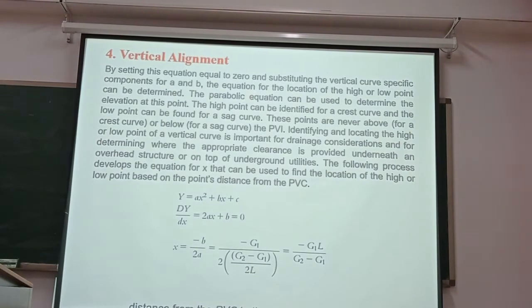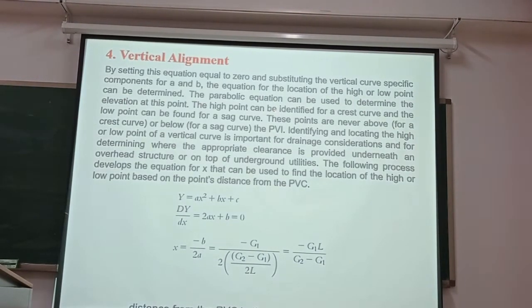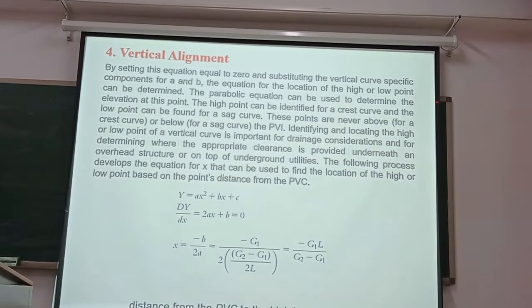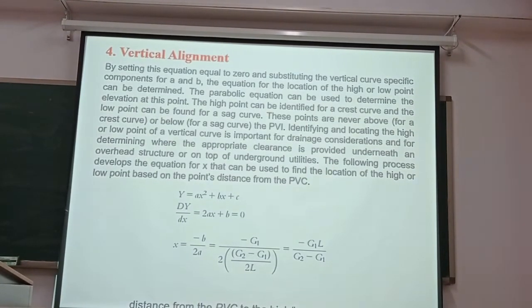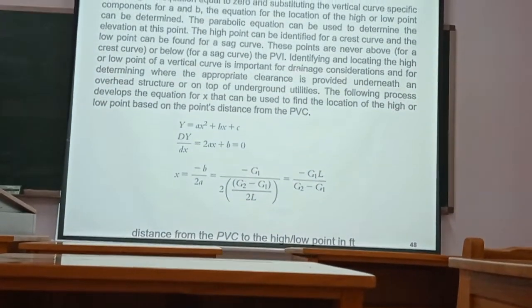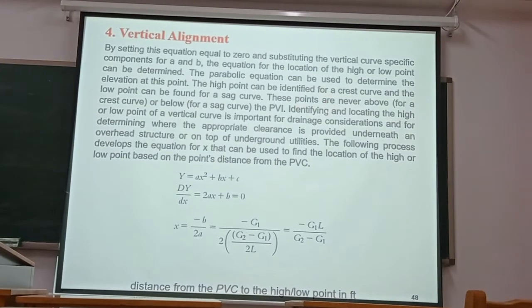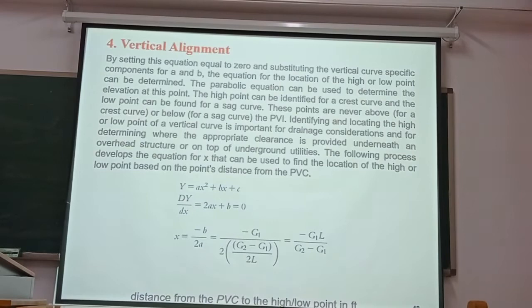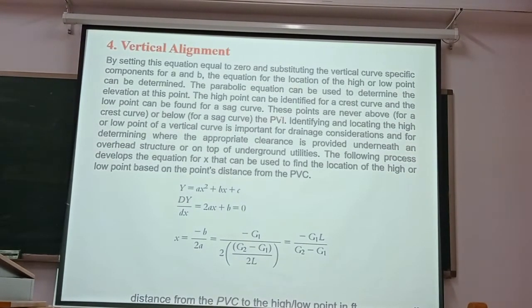The parabolic equation can be used to determine the elevation at this point. The high point can be identified for a crest curve, and the low point can be found for a sag curve. These points are never above the PVI for a crest curve, or below it for a sag curve.